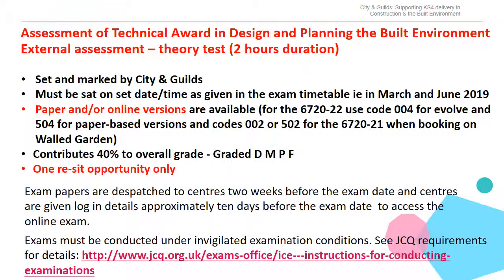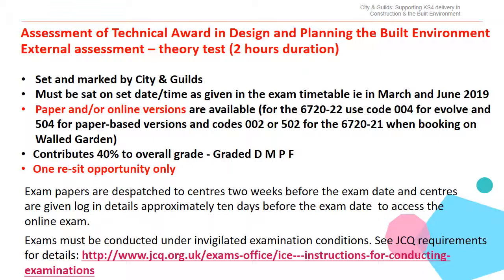For the technical award in design and planning the built environment, the theory test in this particular case is 2 hours in duration. You do need to book the exam as previously mentioned, and it is important when you are booking the exam that you select the correct code.